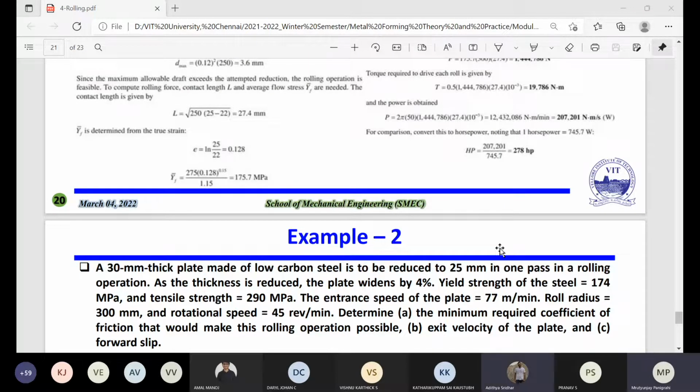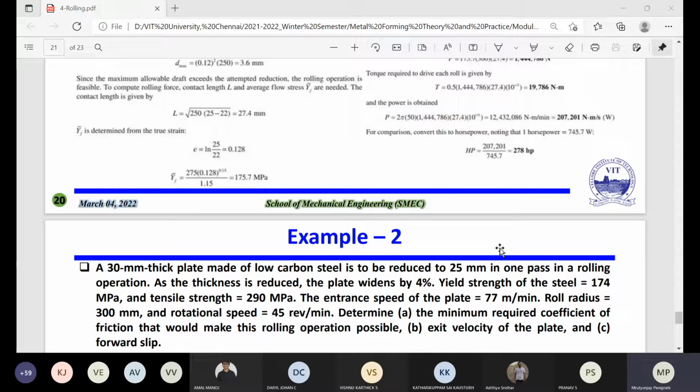V0 you have. So WF equal to 1.04 W0. So you can put that equation. So we have W0 in terms of W. So you will find VF. How much? It's coming 88.83. So unit, meter per minute. Okay, so VF is clear.